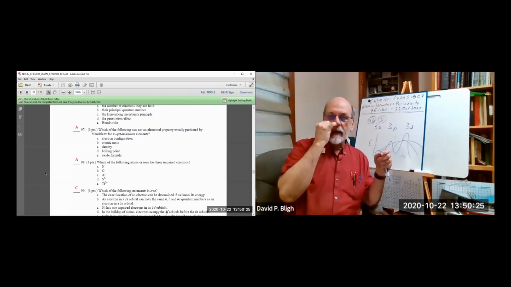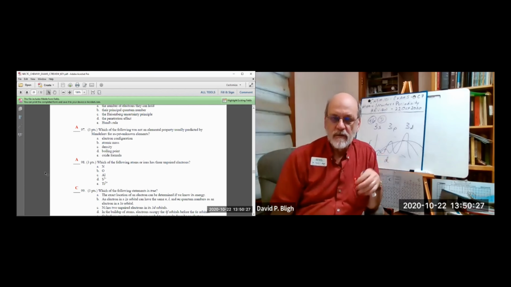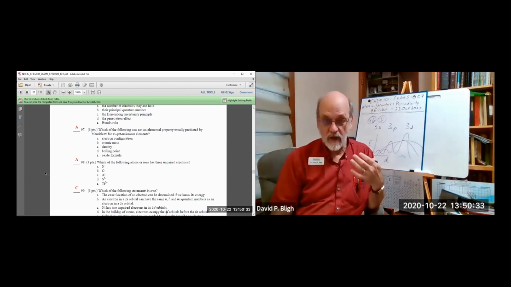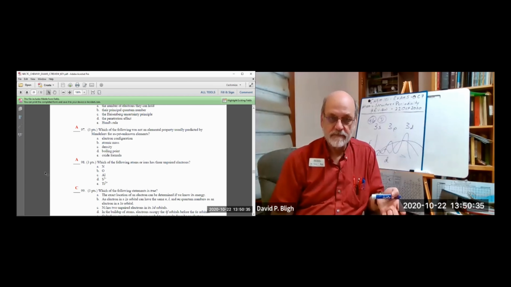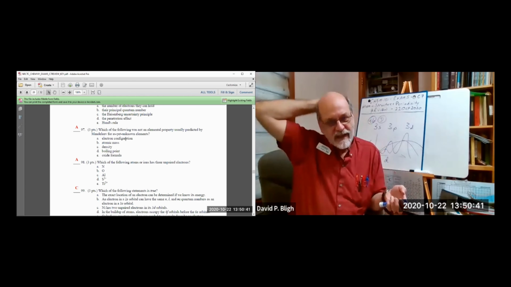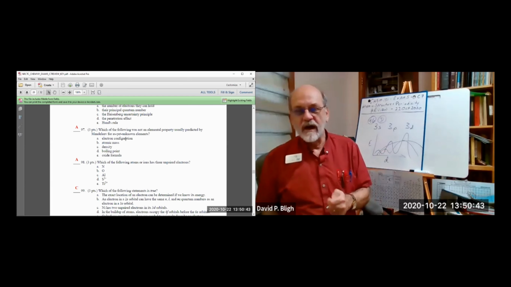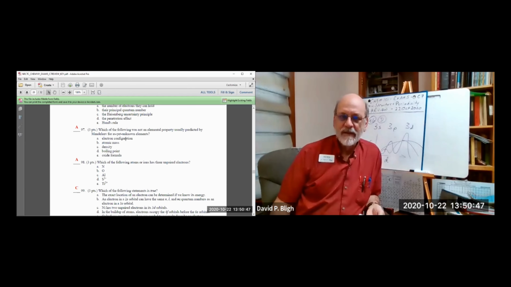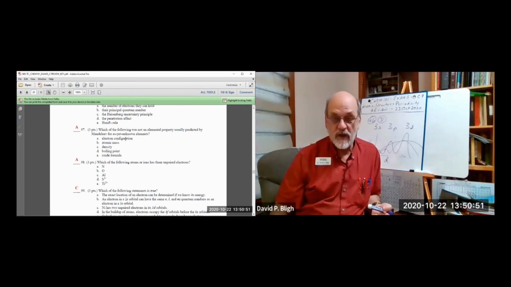Which of the following was not an elemental property that Mendeleev used to predict the nature of unknown elements? Well, he didn't have a clue about electron configuration, right? That was even before we understood what a mole was, right? So that answer is right there at the very top, electron configuration.